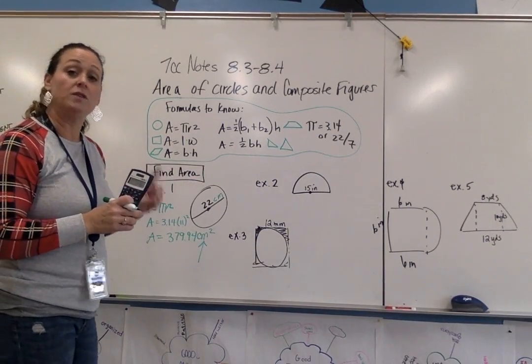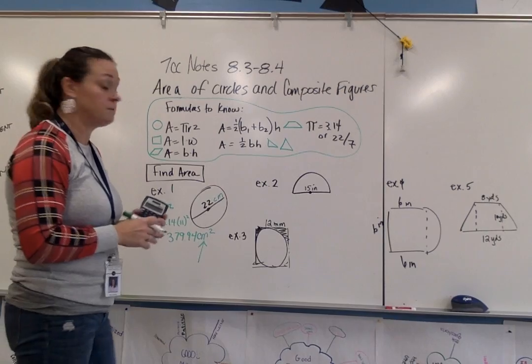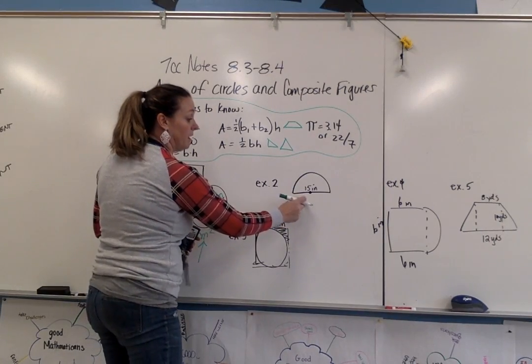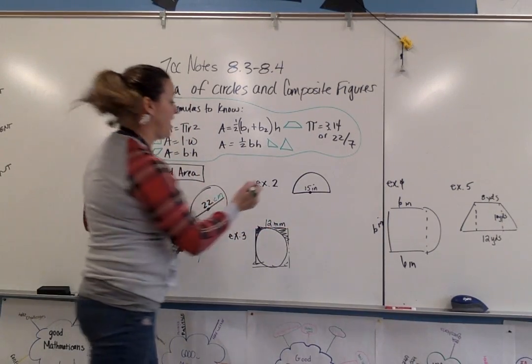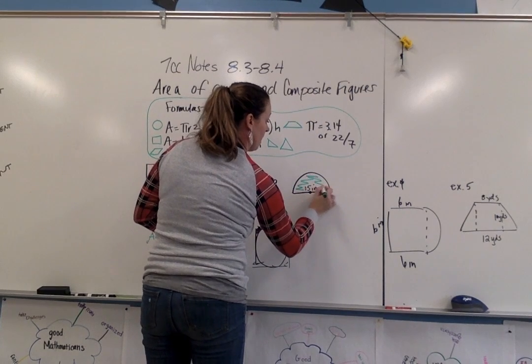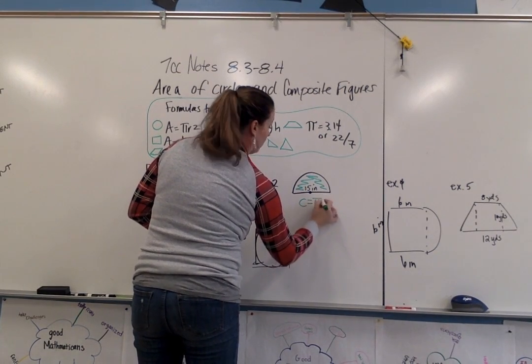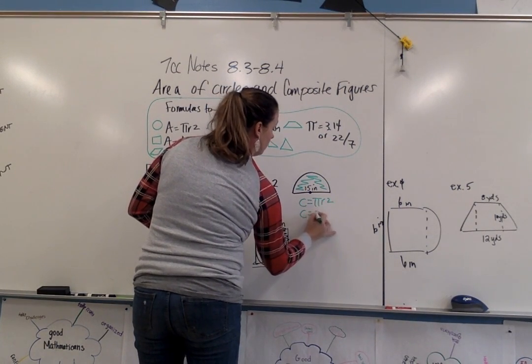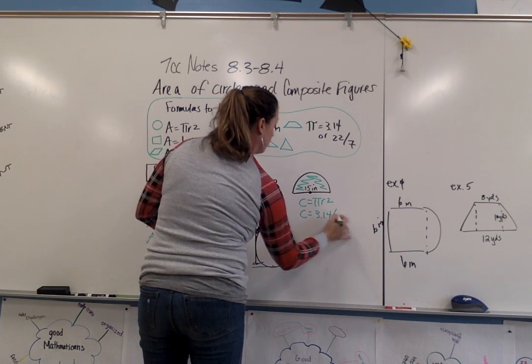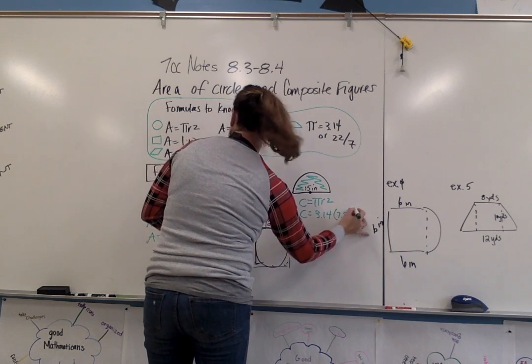In example 2, that's going to be different than circumference because you're not adding on the bottom part, you're just finding half of it. So I'm starting with my formula like I do every time, and I'm going to do 3.14 times 7.5 squared.